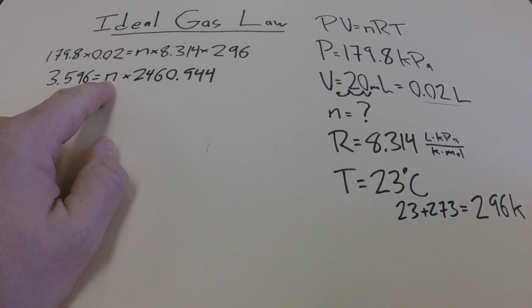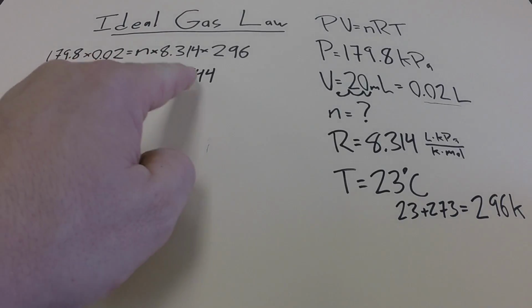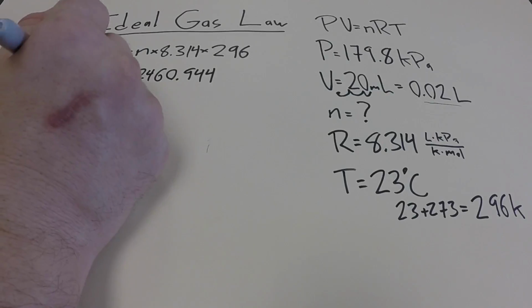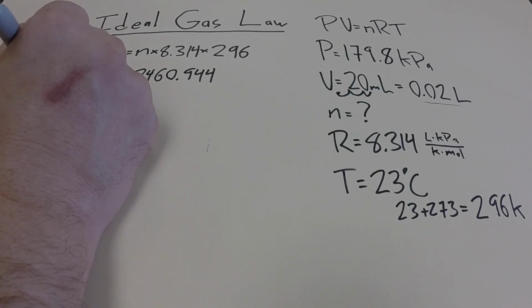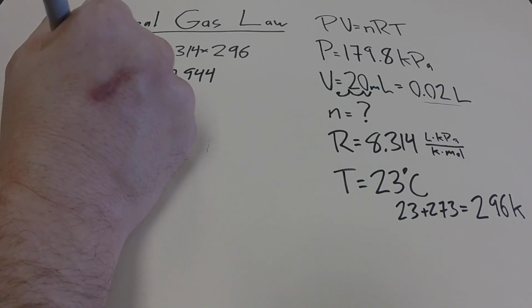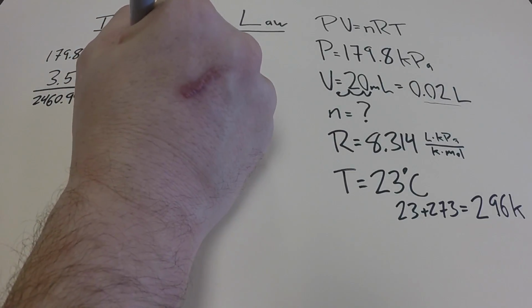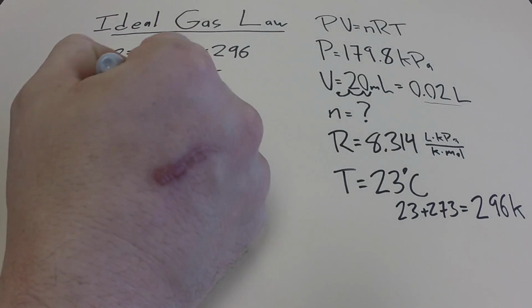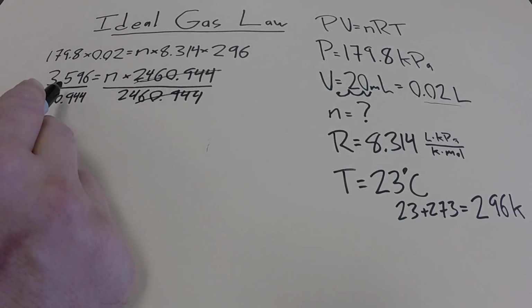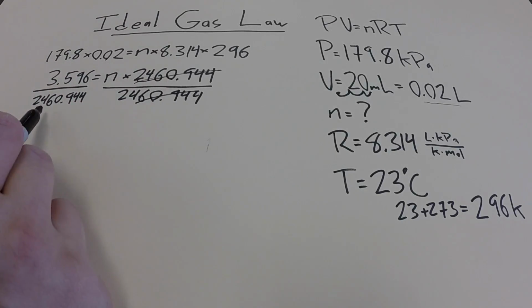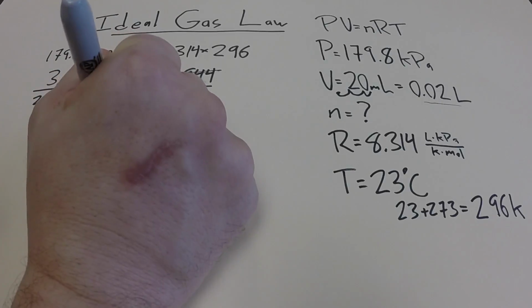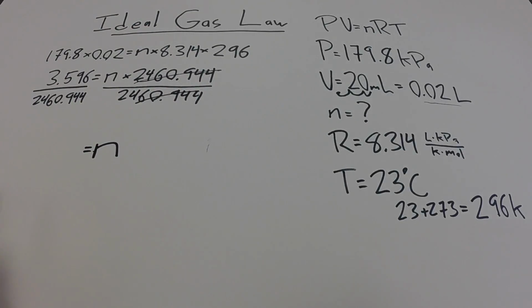To get n by itself, you should divide both sides of the equal sign by 2,460.944. Then this cancels out here, and n equals 3.596 divided by 2,460.944.